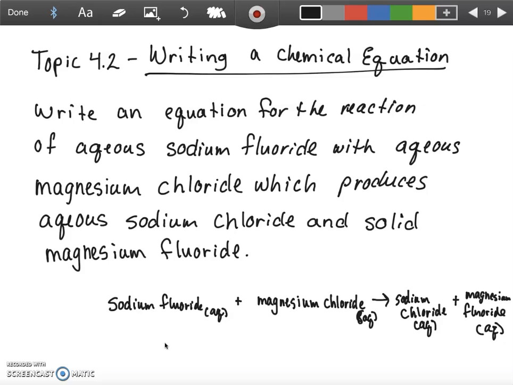Now, you should already know how to write a chemical formula. So for sodium fluoride, you should automatically know that sodium, Na, has a 1+ charge. Fluorine has a 1- charge, so that's going to come together to make NaF, aqueous.